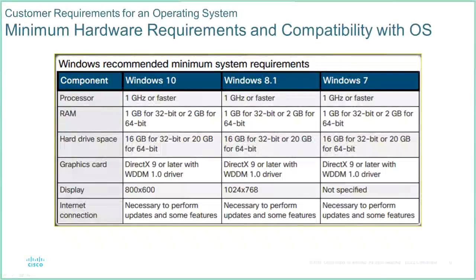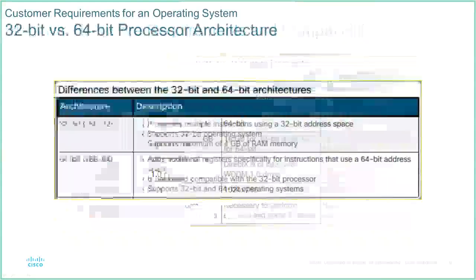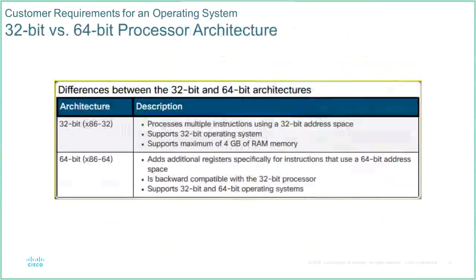But remember, if you're running minimal standards, you're not going to have the highest performance. Okay? So basically 4 gig of RAM is recommended for 32-bit. It's pretty much standard across.